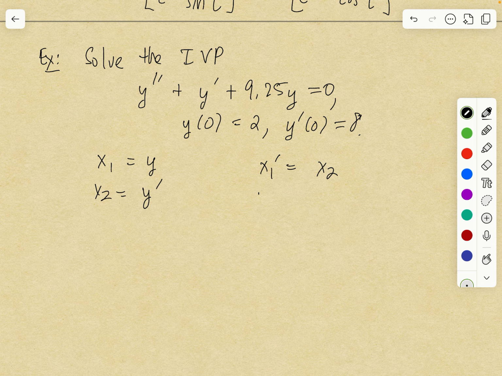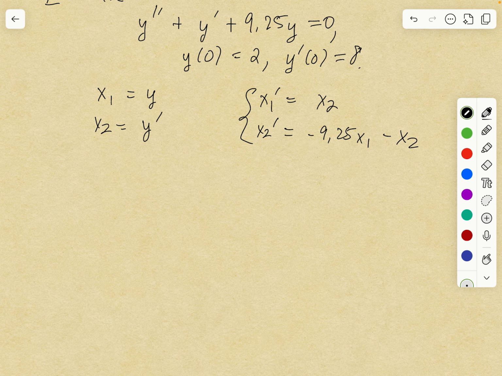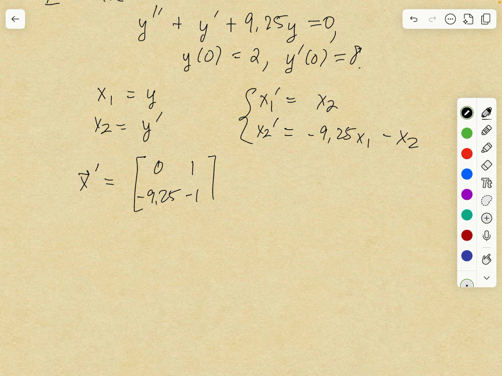And then x2 prime, that's the second derivative, y double prime, is negative 9.25y, so that's negative 9.25 x1 minus y prime, so minus x2. So now you have this system of equations, and we can write that as a matrix times a vector. So x prime equals this matrix times x.